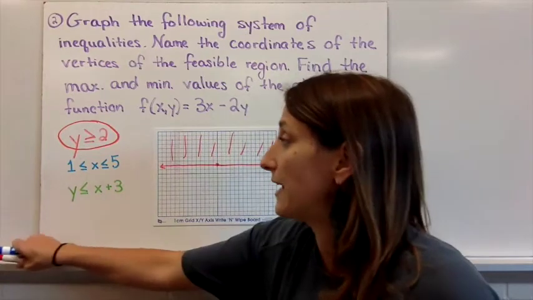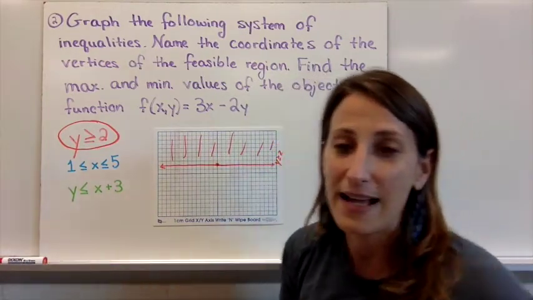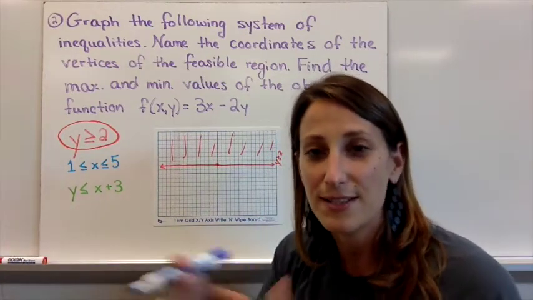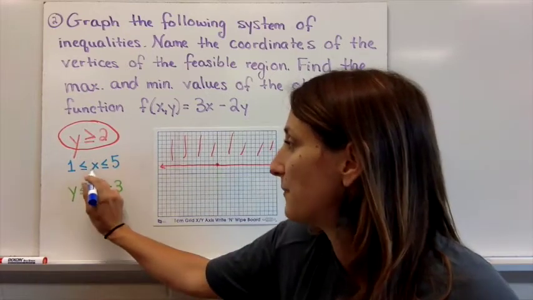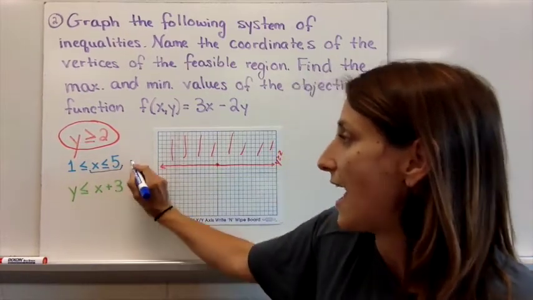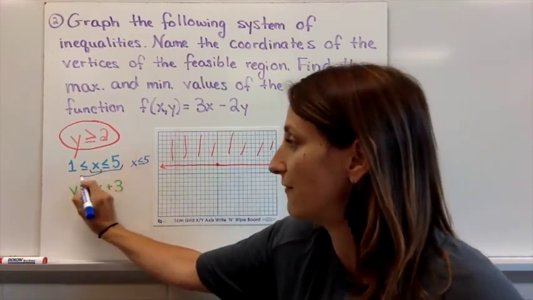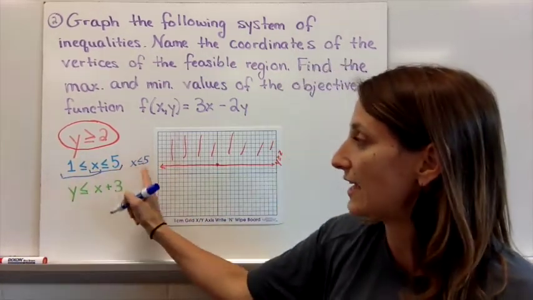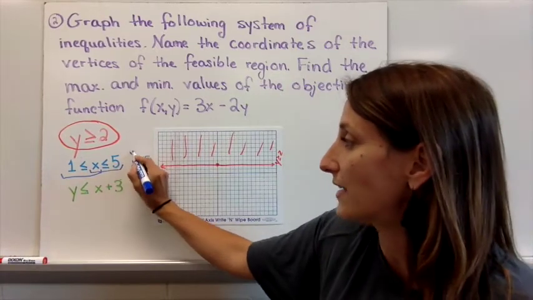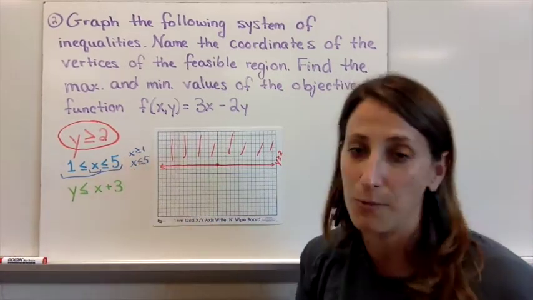1 is less than or equal to x, which is less than or equal to 5. So this is kind of tricky because it's a 2 and 1 jam-packed. This part you can see fairly easy. x is less than or equal to 5. And this part is just kind of flipped on us. So this is saying x is less than or equal to 5, but x also has to be greater than or equal to 1.